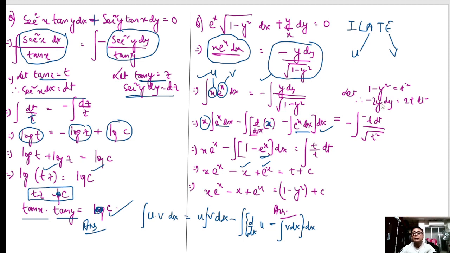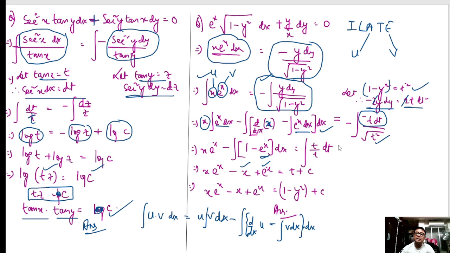Please watch. Let us take 1 minus y square for this part. Let us take 1 minus y square as t square. So minus 2y dy equals 2t dt. 2 cuts. Okay. So minus y dy, or y dy, equals minus t dt. And this is root over, which I have taken as t square root.